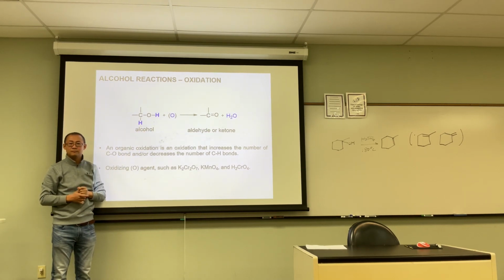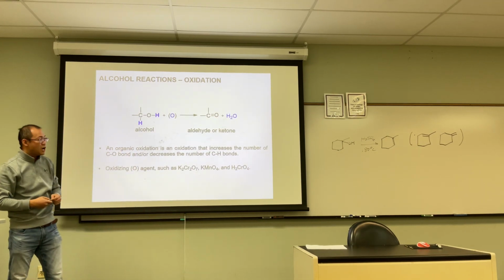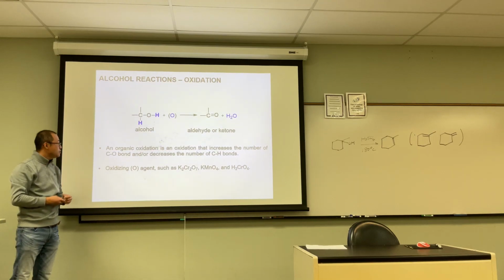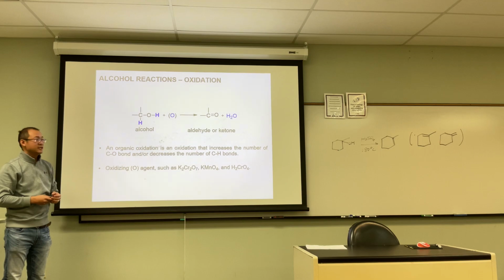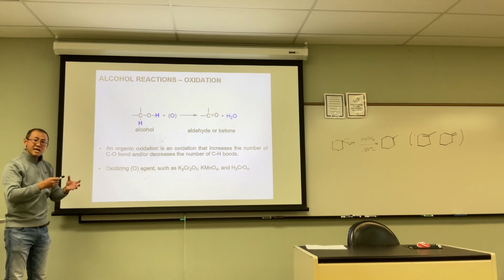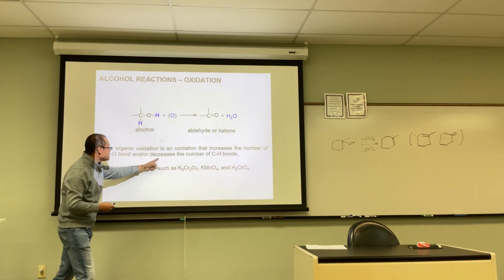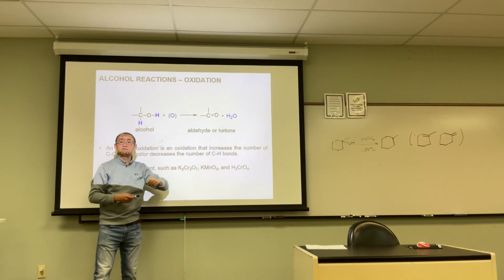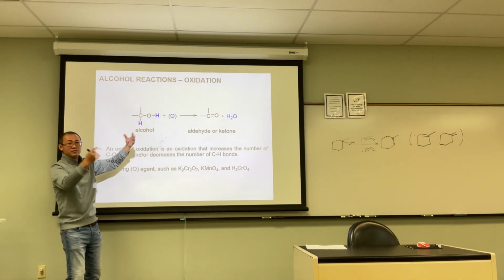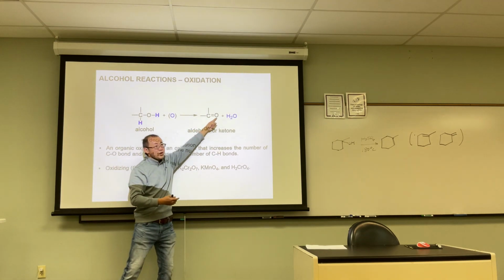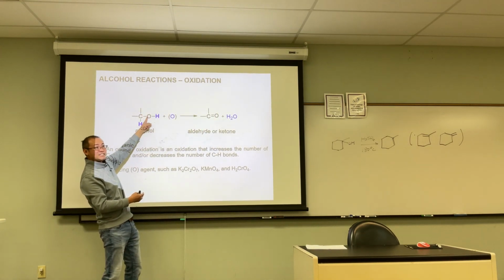And here brings a very simple definition of oxidation. What is oxidation in organic chemistry? Oxidation in organic chemistry means increase CO bond or decrease CH bond. You can see that? We decrease CH bond, because we take hydrogen away. Then we increase CO bond. Previously it was a CO single bond.